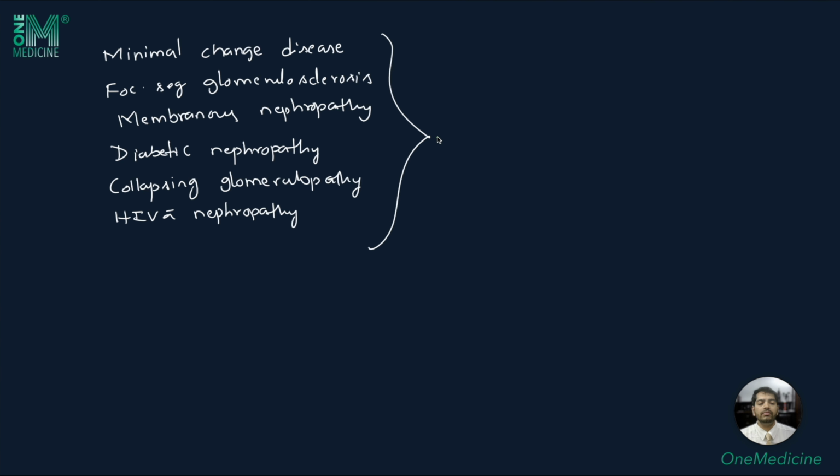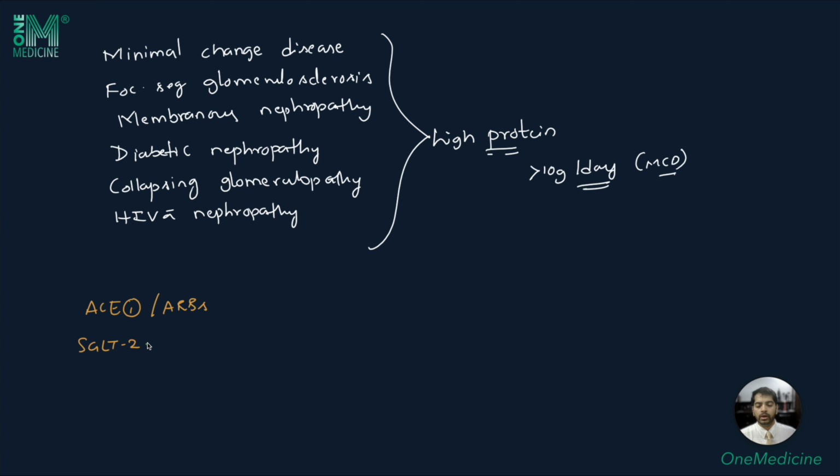All of these can have very high range of proteinuria, with numbers even reaching more than 10 grams of protein per day excreted in the urine in cases of minimal change disease. Medications used to reduce the proteinuria levels include ACE inhibitors or angiotensin receptor blockers and SGLT2 inhibitors.